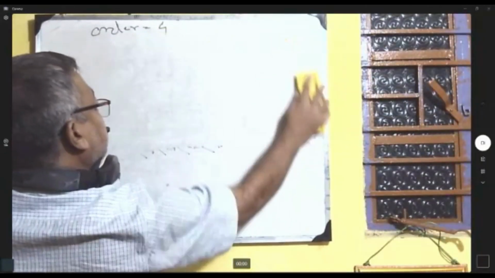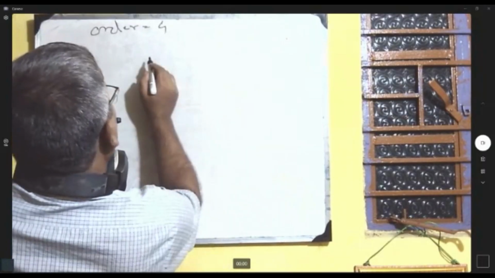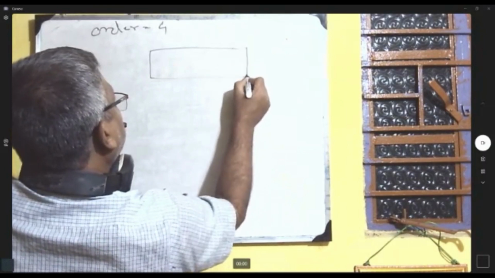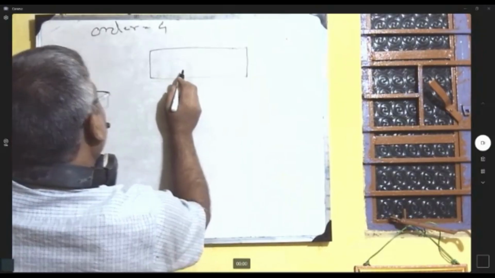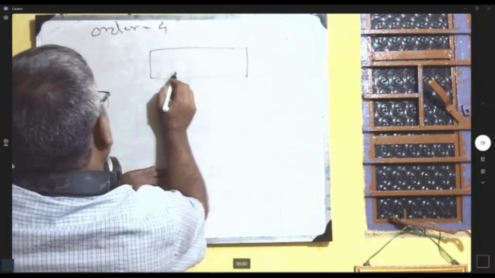If we want to insert any value into the B-tree, we first compare with the root node of the B-tree. So this is the root node. Suppose this is order 4, so 4 children are generated from the node.